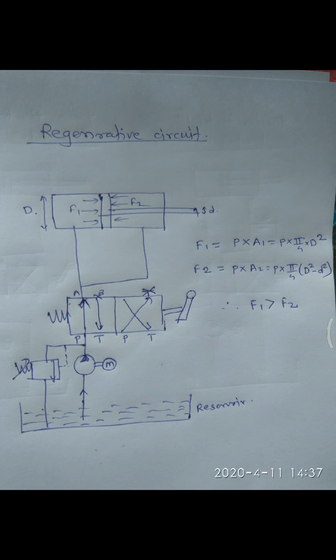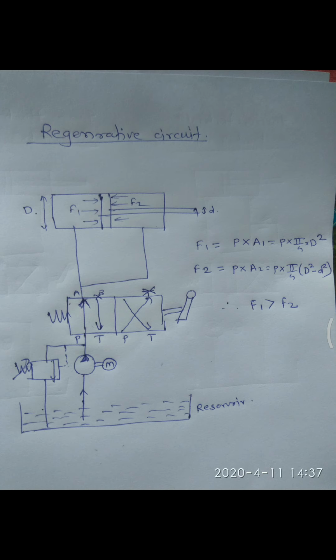In case of reverse motion, we need to change the position to position number 2. This one is position number 1. By operating the lever of the direction control valve, we change the position. After changing the position, the A side is connected to the tank.